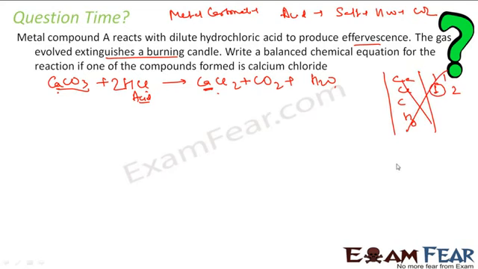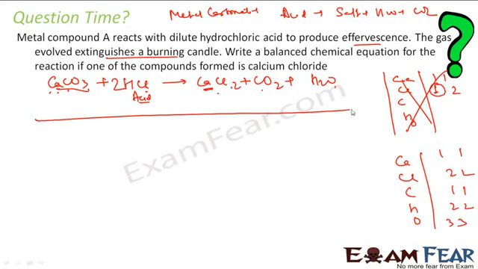So we get a new series: calcium, chlorine, carbon, hydrogen, oxygen. Calcium is 1 here, balanced. Chlorine is 2 here, balanced. Carbon is 1 here, balanced. Hydrogen is 2 here, balanced. Oxygen is 3 here, 2 plus 1, 3 here. It is balanced. This is my balanced chemical reaction.